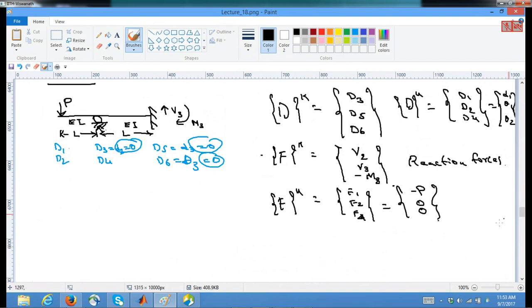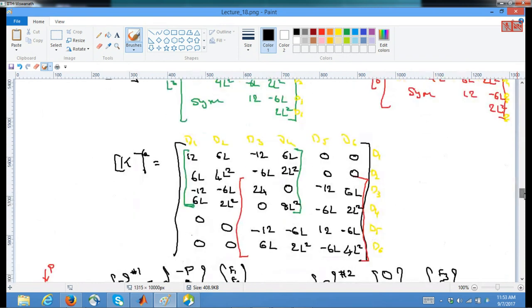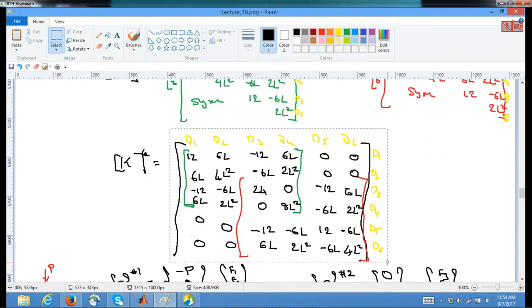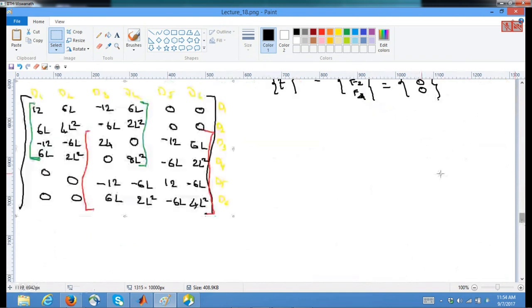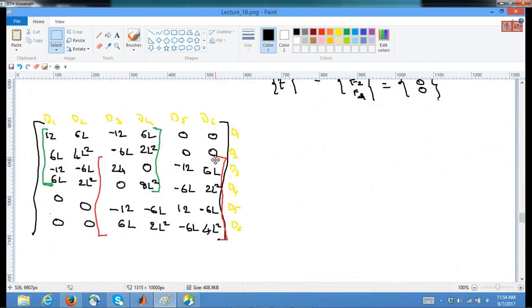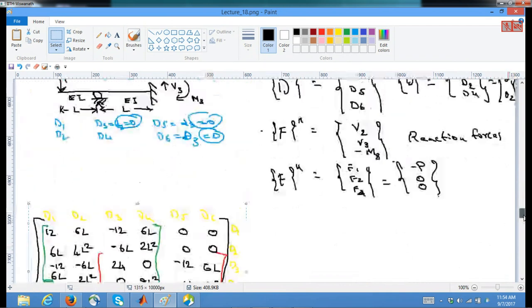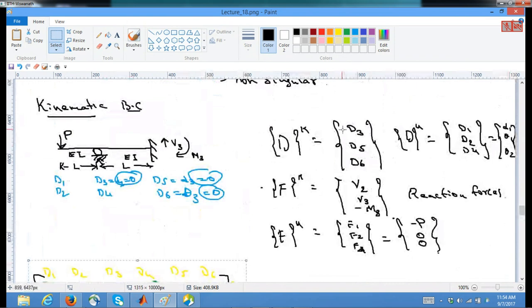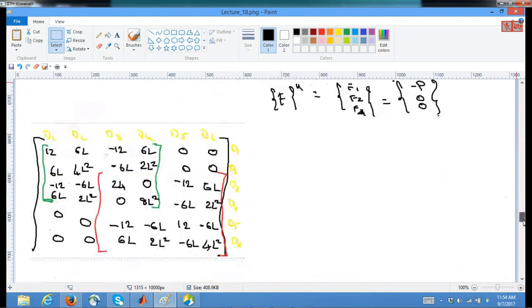So now when you take these things, we have to solve it. To solve it, let us do again the same exercise. I will take this and try to condense it. Now my unknowns are 1, 2, 4. So my knowns are 3, 5, 6. So I will strike off the knowns 3, 5, 6.